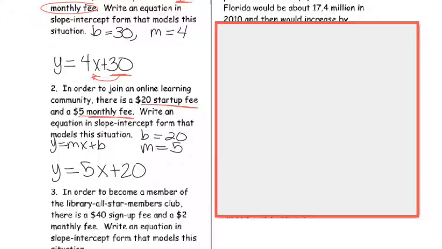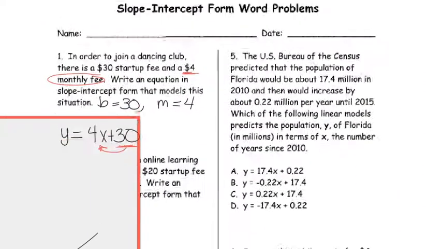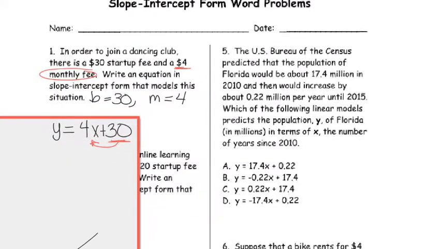When we went over this, a couple things I want to show you on the other side here. As soon as you see the words per year, when you see the words per anything, that's your dead giveaway that that's your slope. Okay, Cody? So right away, I know that my m is 0.22.